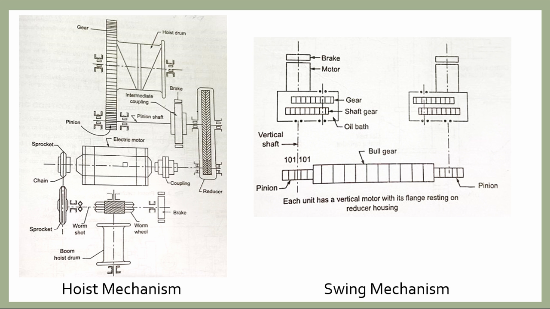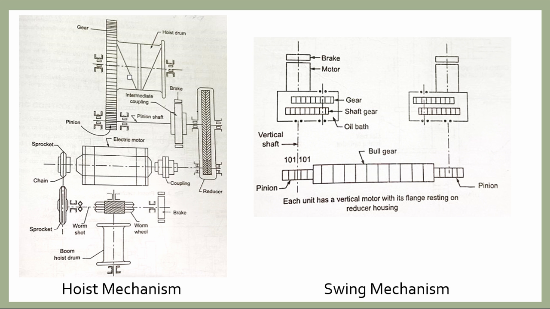The reducer delivers the power in constant mesh with the hoist gear, and this provides the movement to the hoisting drum, which helps to lift the bucket.